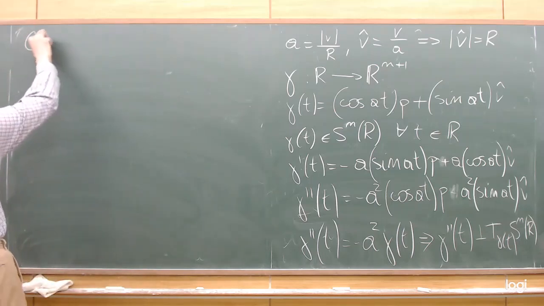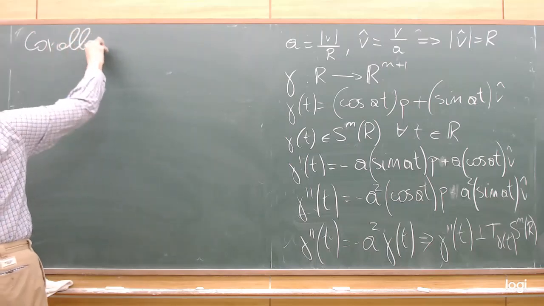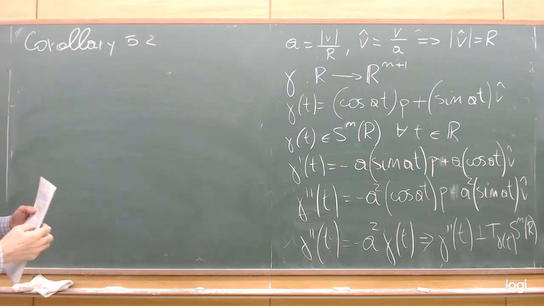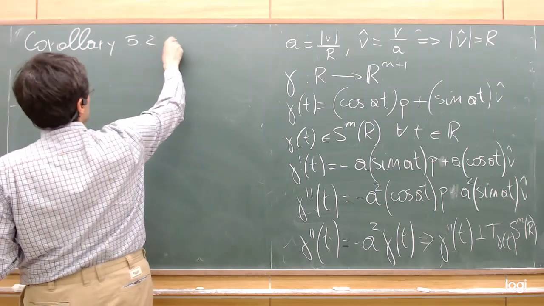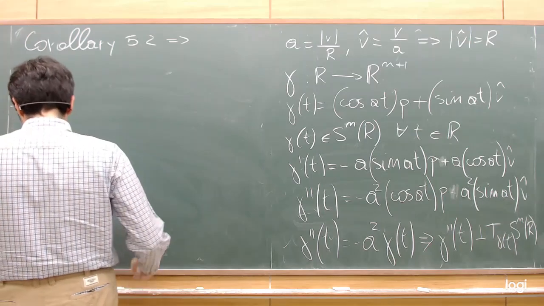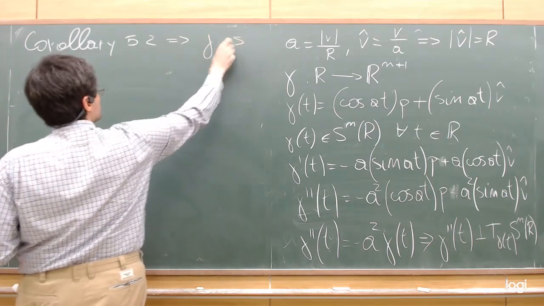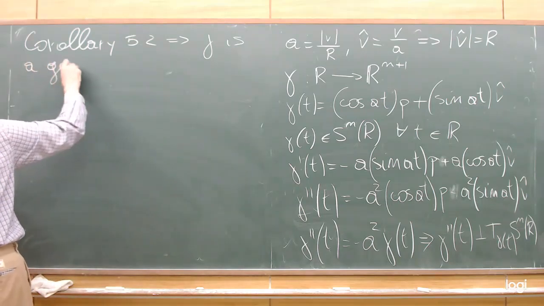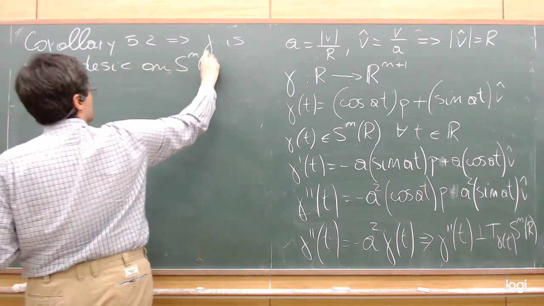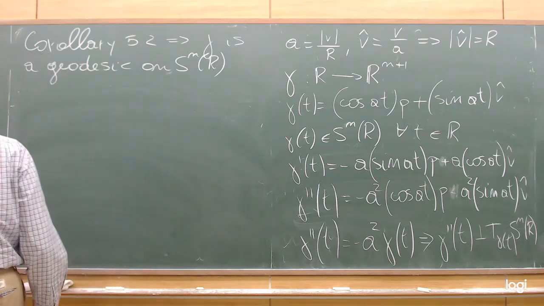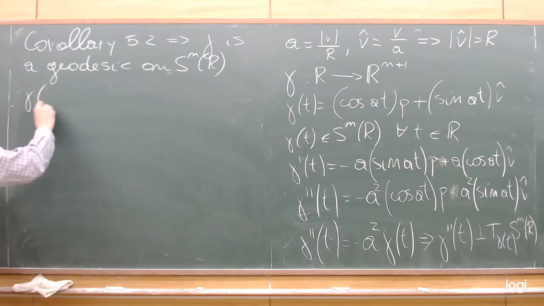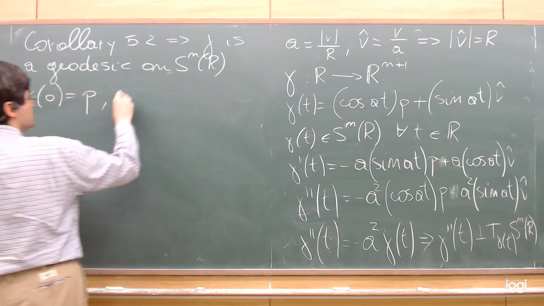So corollary 5.2 that I recalled before applies. That gamma is a geodesic on S n R. And it is easy to see that this is true.